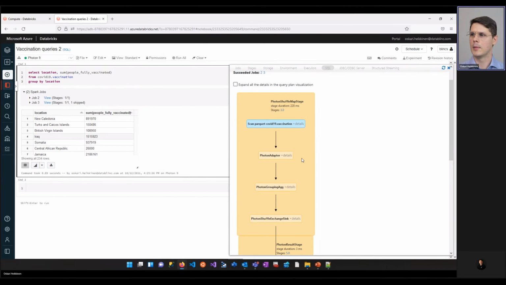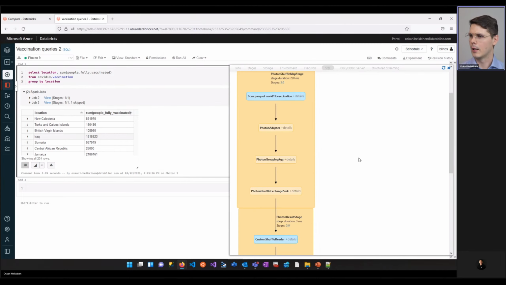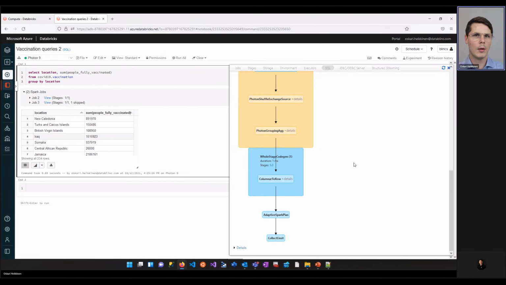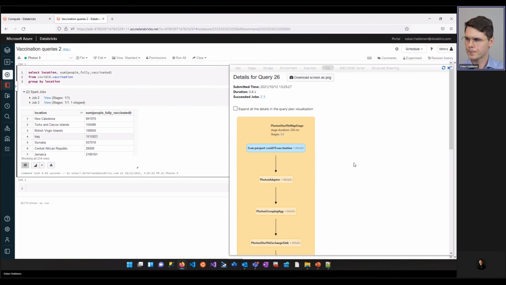And yes, that means that we're actually using Photon and Photon functions in the boxes that are displayed in yellow, whereas blue still stands for we're using Spark for this specific function here. So the notable difference is, even if you don't understand the execution plan in detail, you can immediately see whether Photon has been useful in your specific query just based on the color.